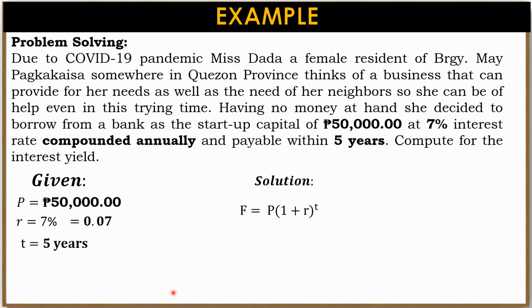Applying this formula, our principal amount is 50,000 times 1 plus the interest rate, which is 0.07, raised to the time, which is 5 years.